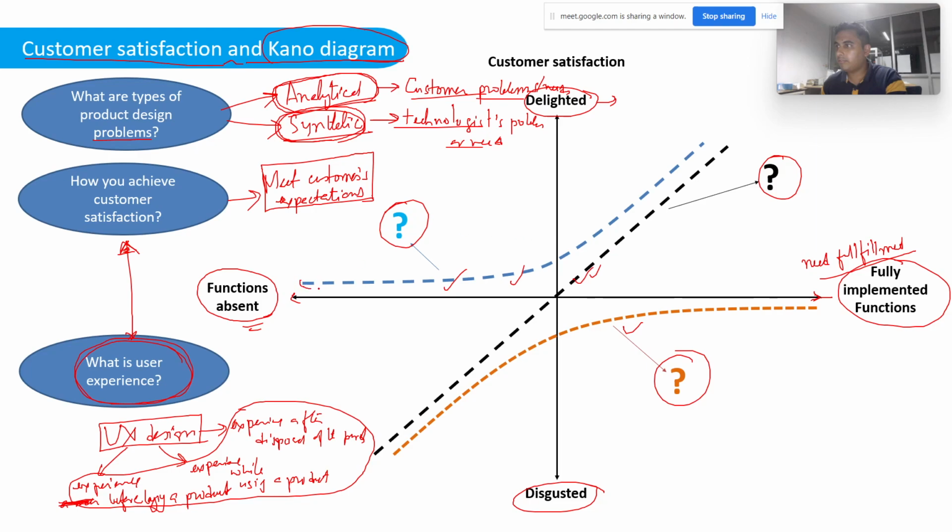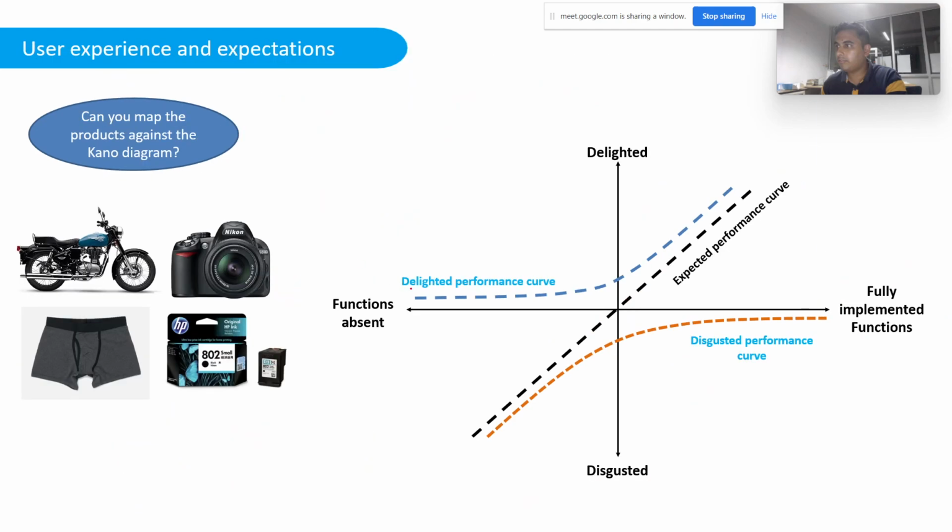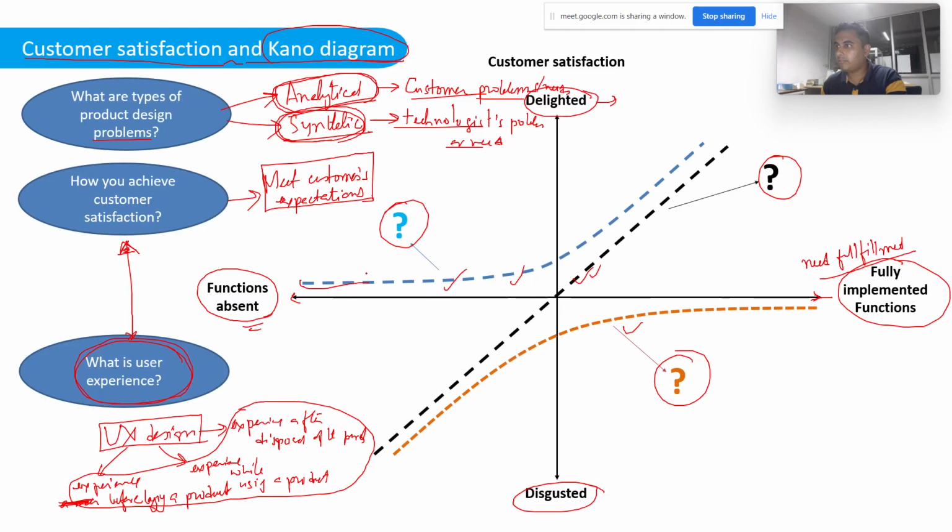What this blue line represents is something called the delighted performance curve. That means even though a product does not have all the features, still there is no bad experience, there is no bad customer satisfaction.